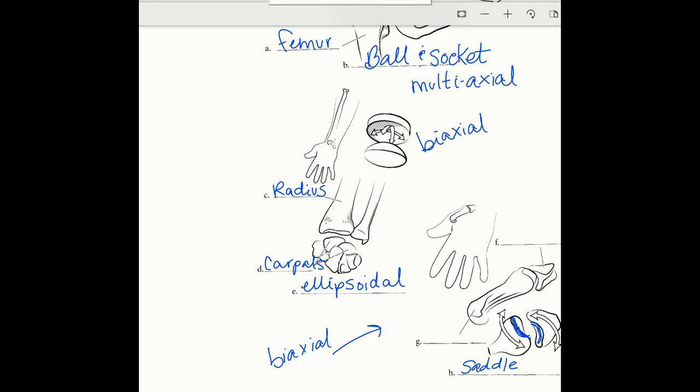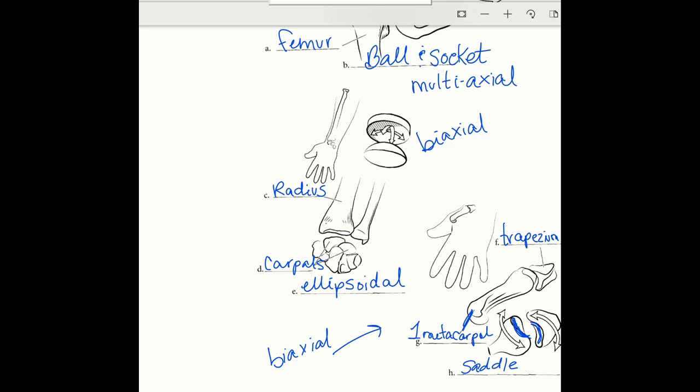Here's an example of the metacarpal and the first phalanx. No, I lied, sorry. The first metacarpal and the trapezium. So where the metacarpal of the thumb meets the carpals.